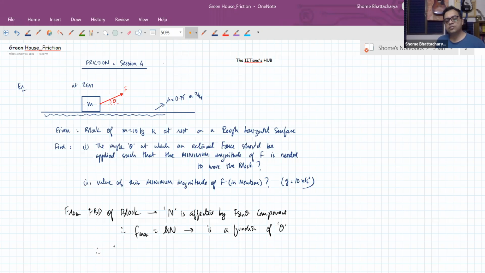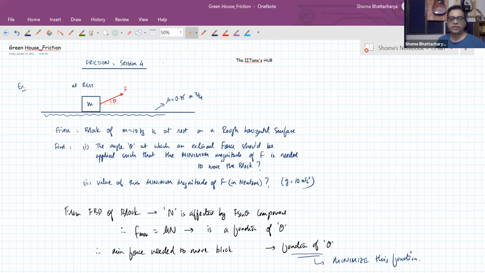Therefore, the minimum force needed to move the block, which will be mu N, will be a function of theta. So you express it as a function of theta and then minimize the function. That maxima minima concept, use it to minimize the function. So just try this out now.